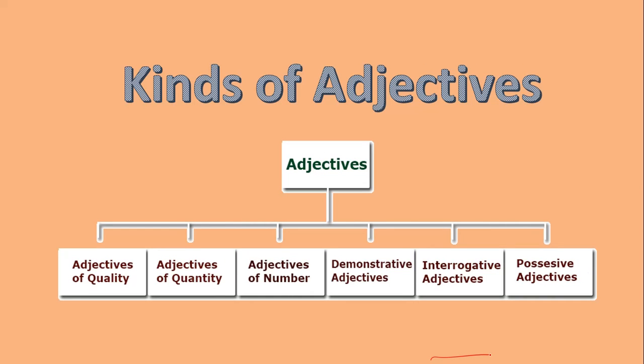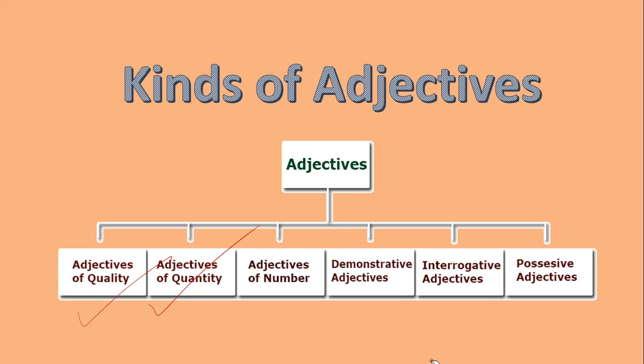Now, what are the different kinds of adjectives? Adjectives can be of 6 kinds. Look at the following diagram over here. So, we have adjectives of quality, like honest, easy. Then we have adjectives of quantity like some, much.